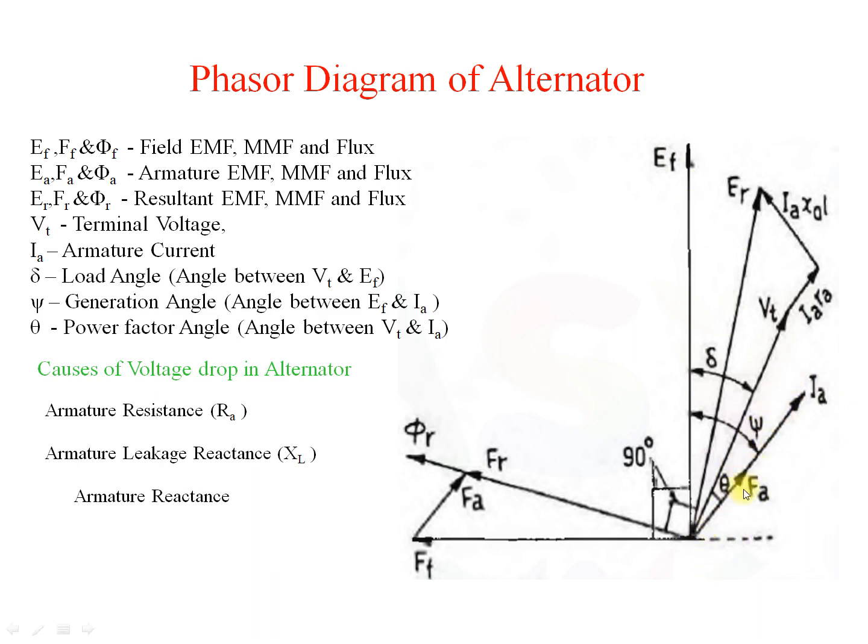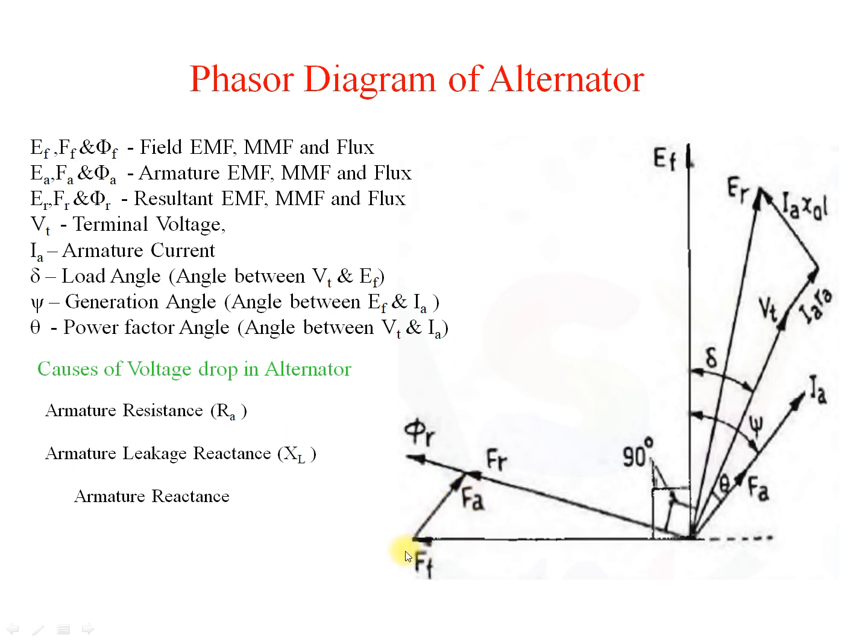The MMF which is produced by that current will be FA, and that should be in phase with this IA. Since we have drawn this FA, in parallel with it we draw this FA over here.